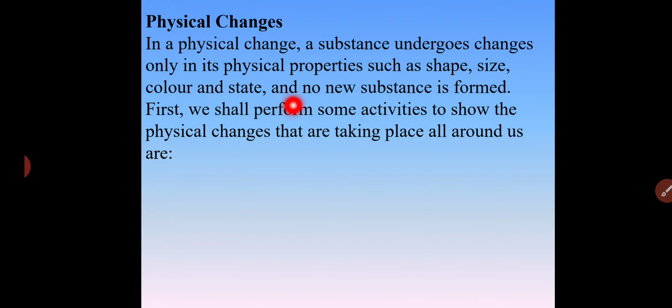But no new substance will be formed. So this is called a physical change, right? And the main thing in a physical change is that it is a temporary change, and only the physical properties of the substance, like shape, size, color and state, will be changed. Okay.